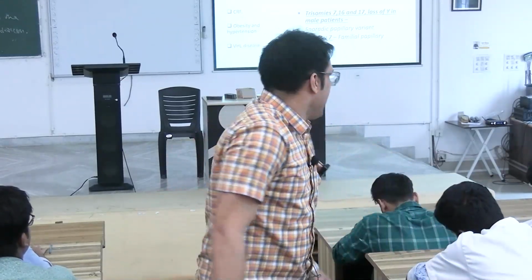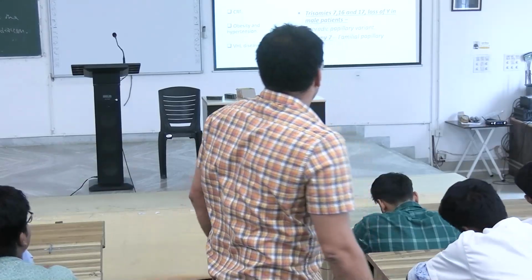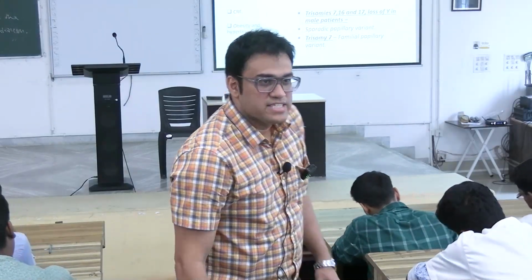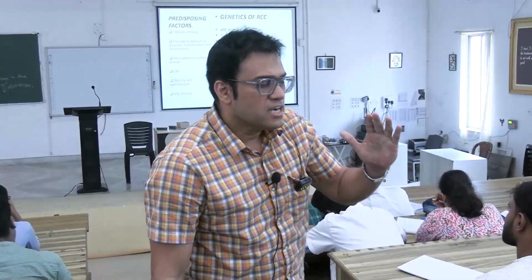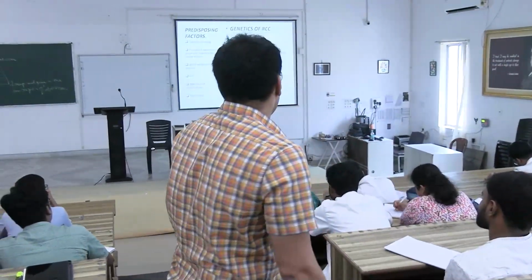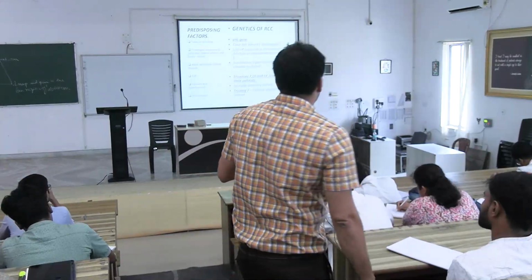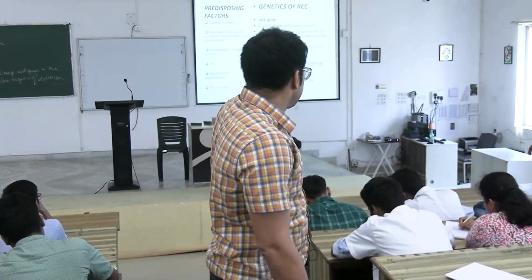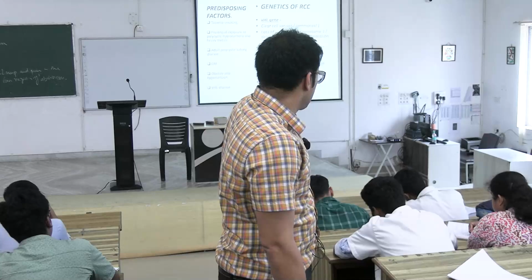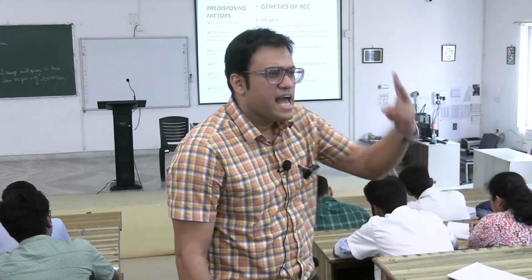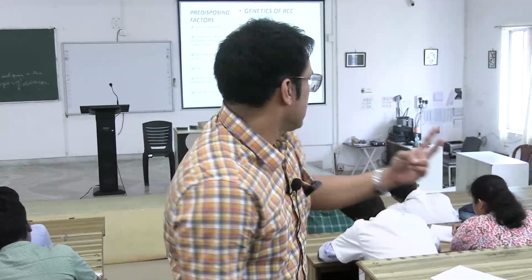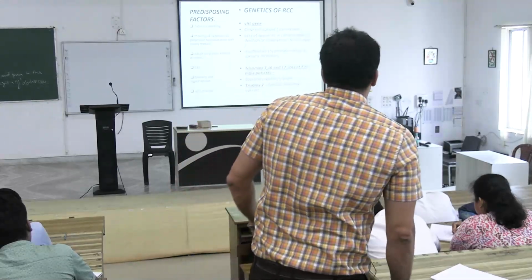Mind it. Okay? Then trisomies of 7, 16, 17 and loss of Y chromosome, that is seen in the chromophil variant or the papillary variant. At least you should remember the VHL, and if you can remember the next one also, trisomy 7, 16 and 17 and loss of Y in male patients.